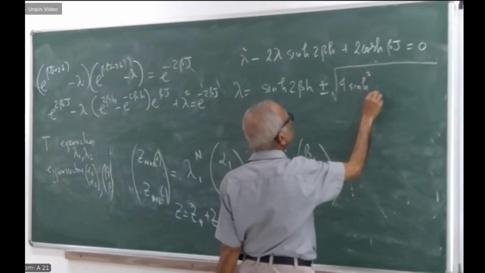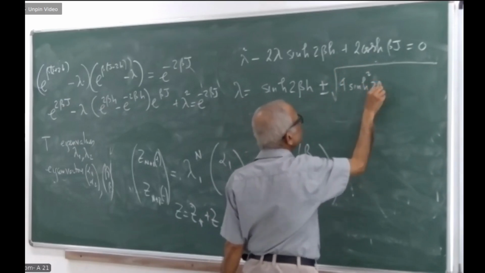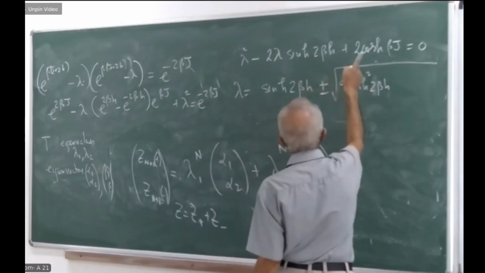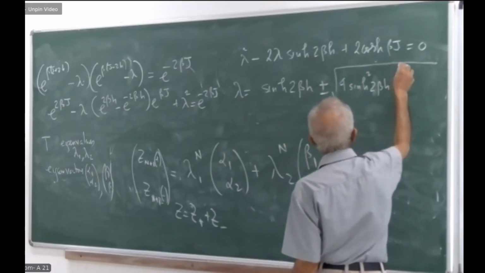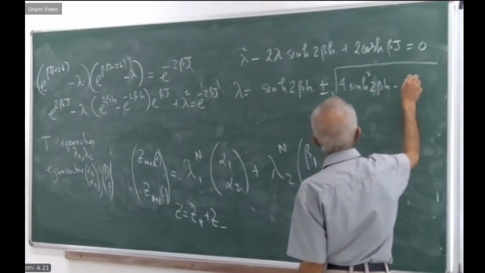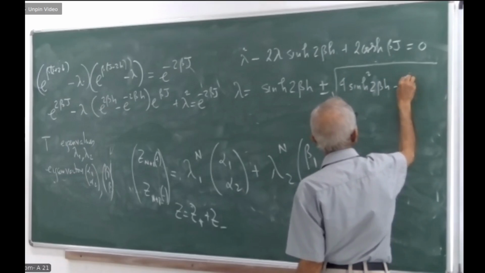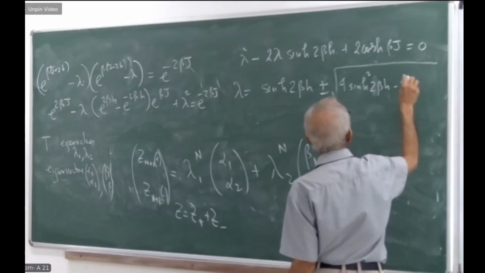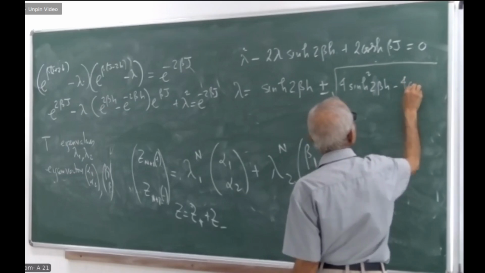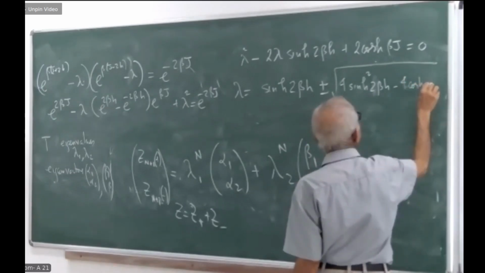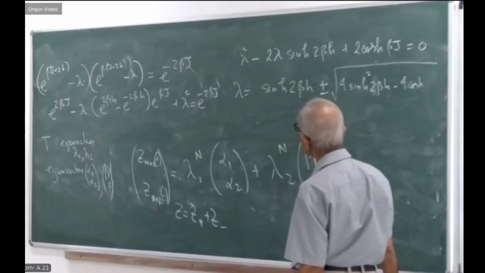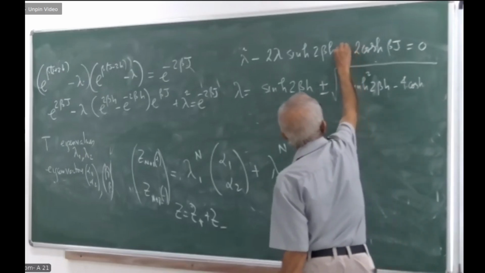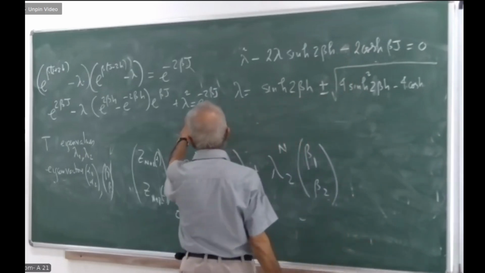4 sinh squared 2 beta h, and then it is minus 4, and it is cosh. It sounds a little off. It should have been a minus here, right? It's lambda squared.